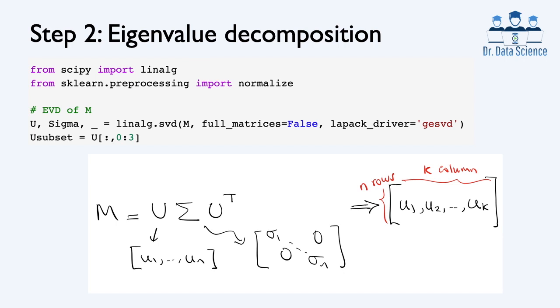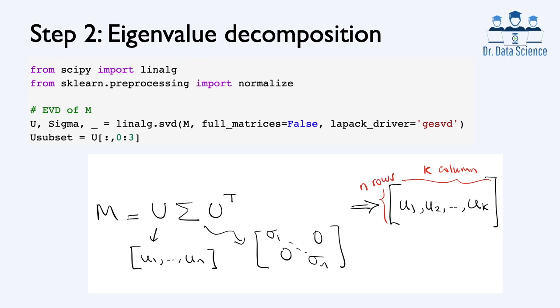After you find the matrix M, you're going to use eigenvalue decomposition, which is a matrix factorization that gives you this orthogonal matrix U, which has these columns U1 to Un. These are the eigenvectors. And then you get this diagonal matrix sigma, which has these diagonal elements sigma 1 to sigma n, and these values are sorted in decreasing order.